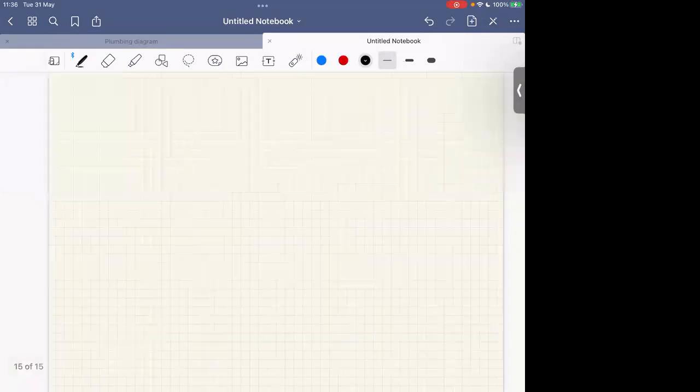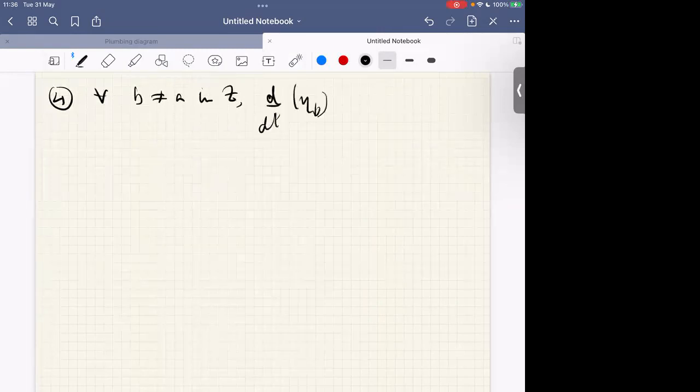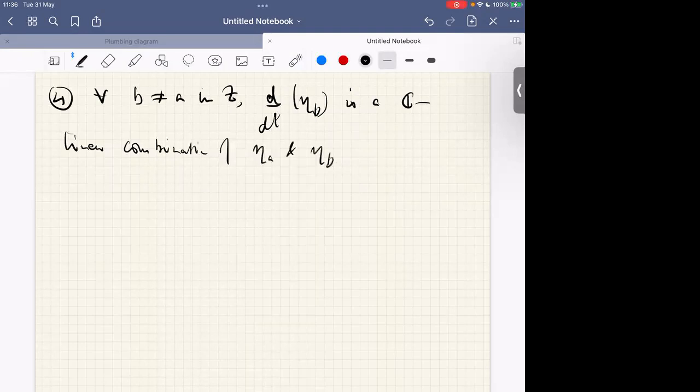And fourthly, for all points B not equal to A in Z, the derivative of the class eta B is a linear combination of eta A and eta B. So given all of this, the proof of orthogonality goes as follows.